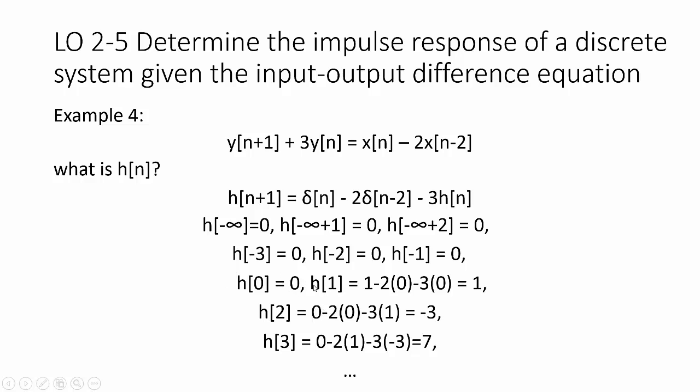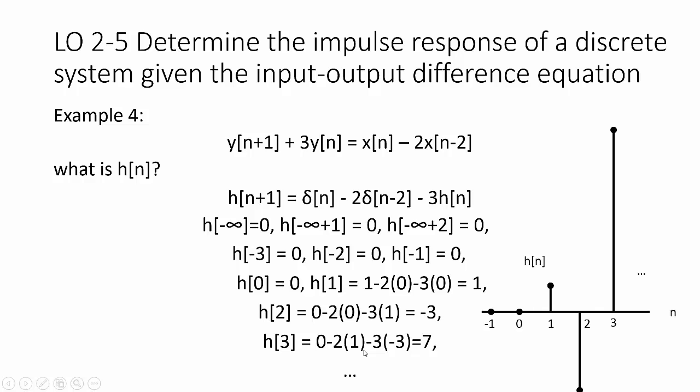That's why h of 0 is 0, but our h of 1 is where things actually turn on. It's when n is 0, but our h value is 1. And then we iterate forward. And that's what it looks like.